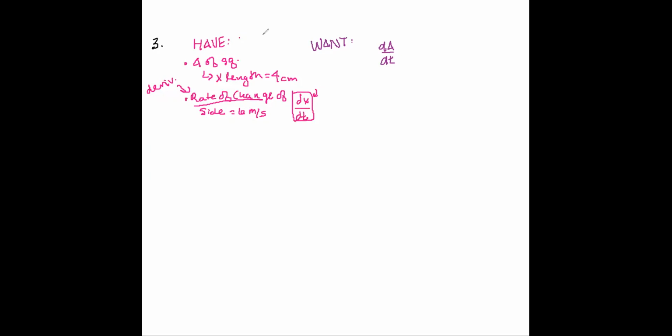Got it. So now let's set up an equation. What is the equation for the area of the square with side length x? Just side squared. And what is going to happen if I differentiate implicitly with respect to t?